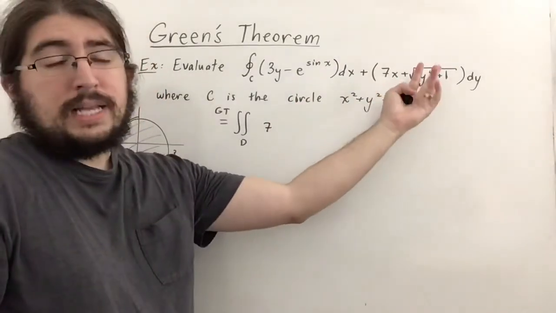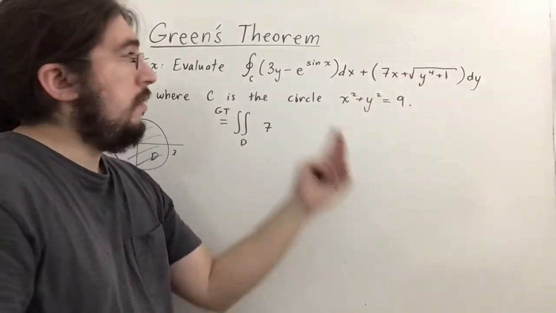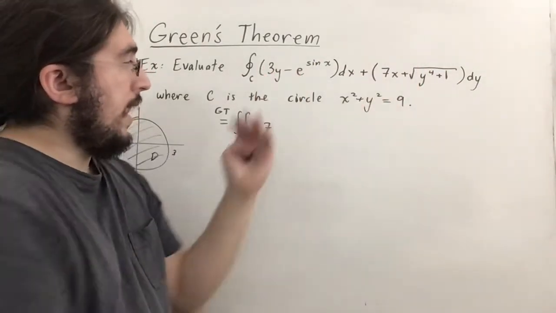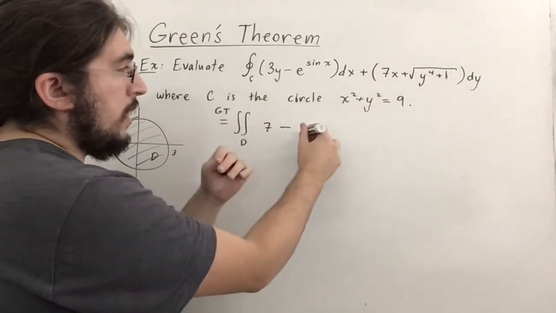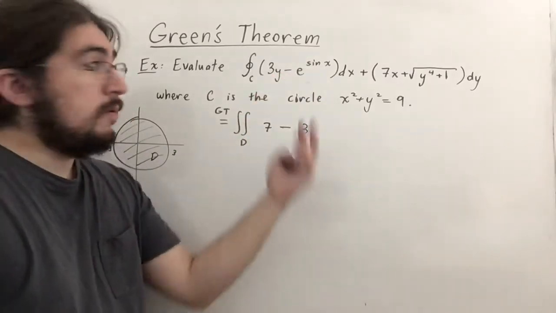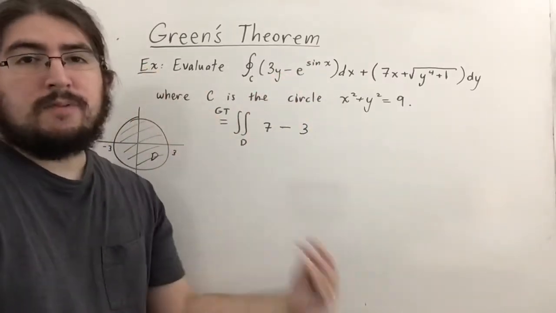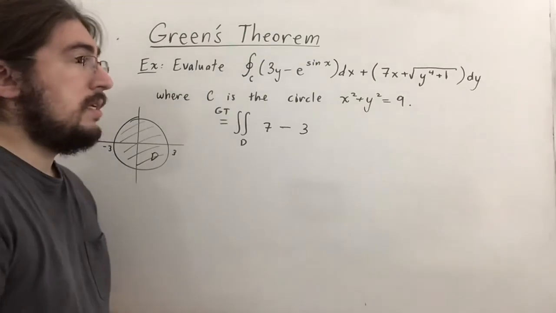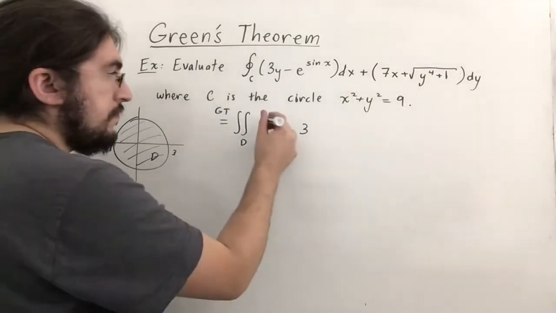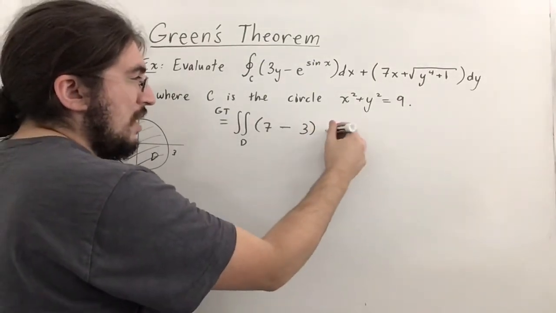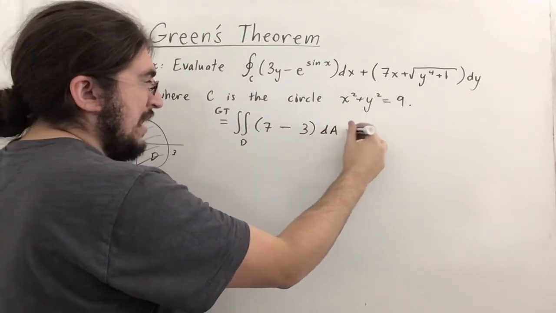Derivative of that with respect to x, this is a constant, so it's going to be 0. Derivative of this with respect to y is just going to be 3, because notice e to the sine of x, even though it's a nice looking function, in the eyes of y it's a constant, and its derivative is just 0. Awesome. So now we have this, and that's dA.